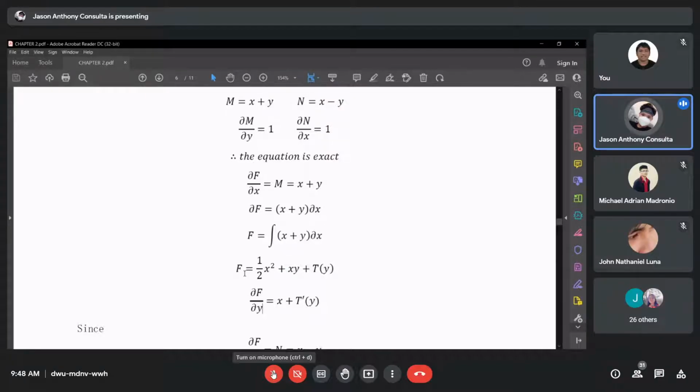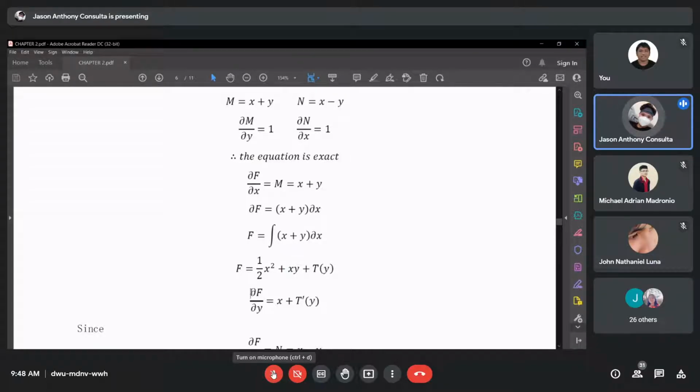Okay, so partial differentiation naman tayo ng 1/2 x squared plus xy plus t sub y. We have x plus t primes of y, kasi kinuha yung first partial derivative. So, t primes of y.